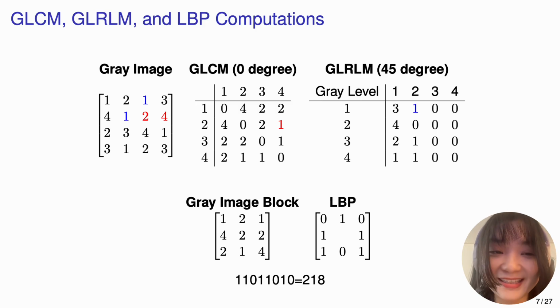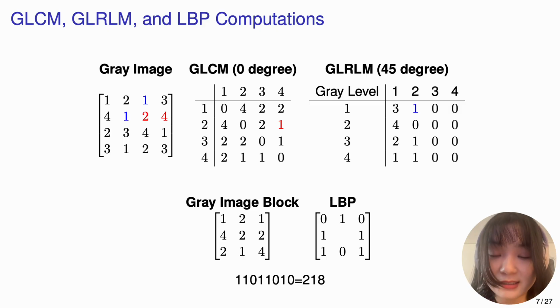For example, now I give you a gray image of size 4x4. For the gray level co-occurrence matrix, we study two adjacent neighbors that appear together, like the 2 and 4 in red. We found that in the 0-degree direction, the horizontal direction, there is only one pair of 2 and 4, or 4 and 2, whatever, and then we put 1 at (2,4) in the matrix and 1 at (4,2).